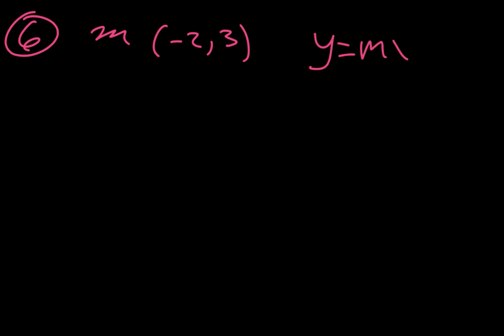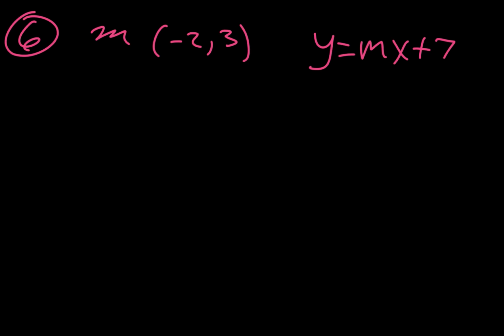Okay, moving on to number 6. It says find m given that (-2, 3) lies on the line with the equation y equals mx plus 7.